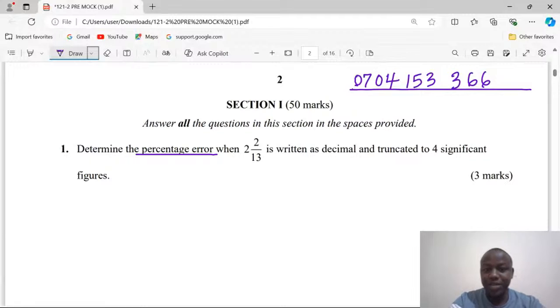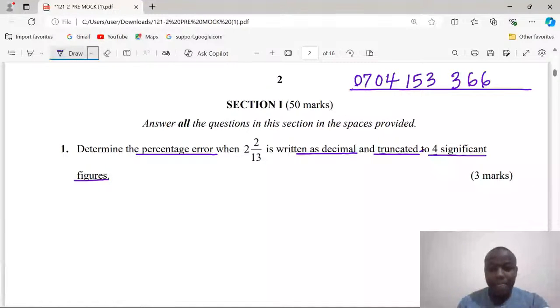Again, a student has to understand how to convert a fraction to a decimal. A student is also supposed to know what truncation is. Then a student is also supposed to understand the language of significant figures. So all those concepts are supposed to be understood so that a student will be in a position to answer this question.